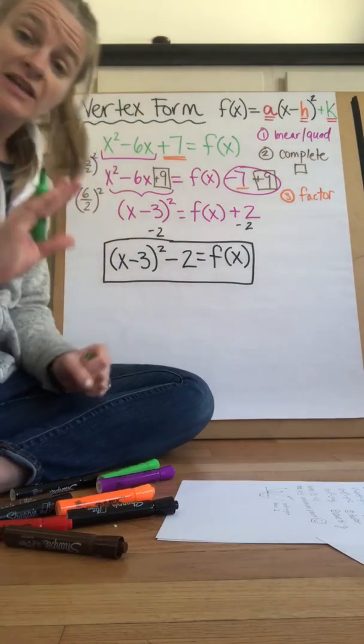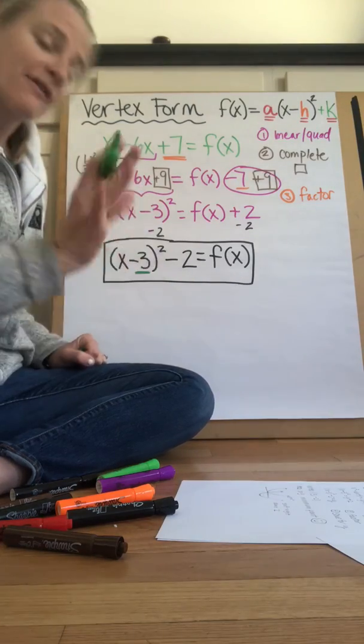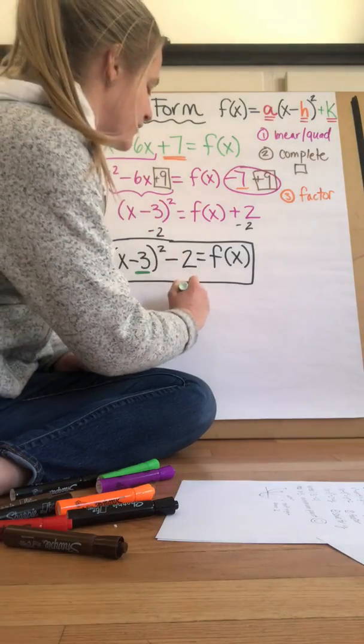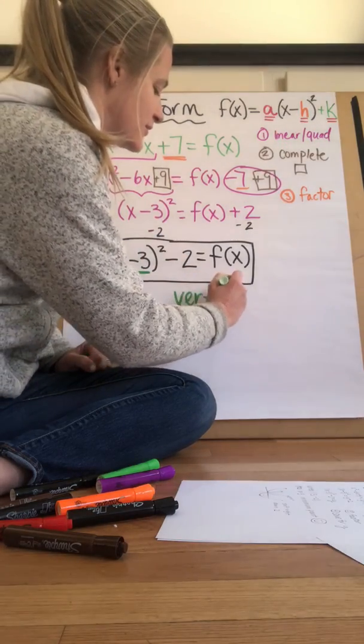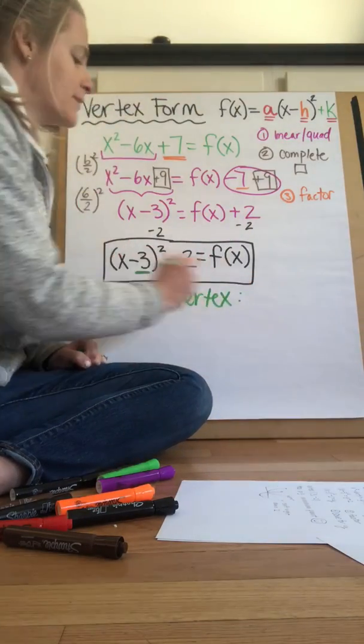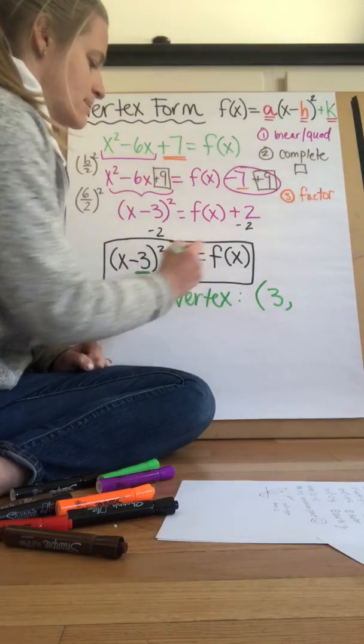So, I digress. From here, this minus 3, you're going to have questions about this, but just trust me right now, I'll get to it this week. The reason why this is called vertex form, the vertex of this graph is at positive 3, negative 2.